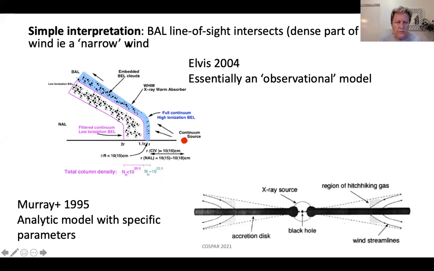If we're looking from some other direction, we're not looking down the wind, and therefore we don't see the absorption trough. And there was also the early model from Norm Murray that had the wind basically skirting the accretion disk. And again, we're seeing the broad absorption line quasar through that denser column of gas.